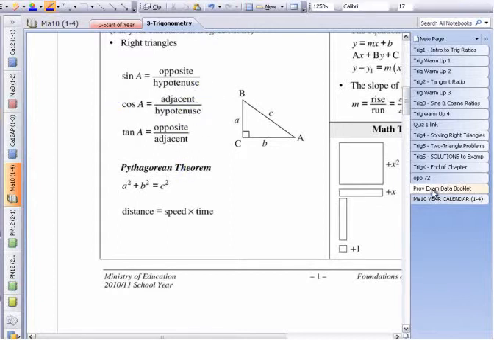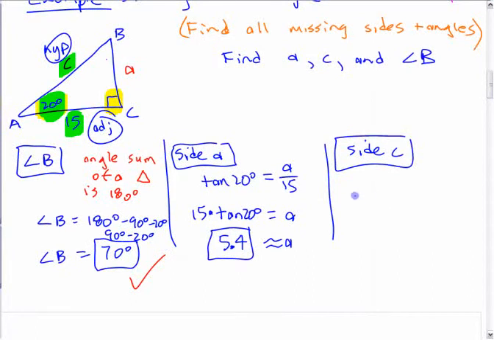Adjacent and hypotenuse. So we got cosine 20 is, which way does this go now? We got 15 over C.